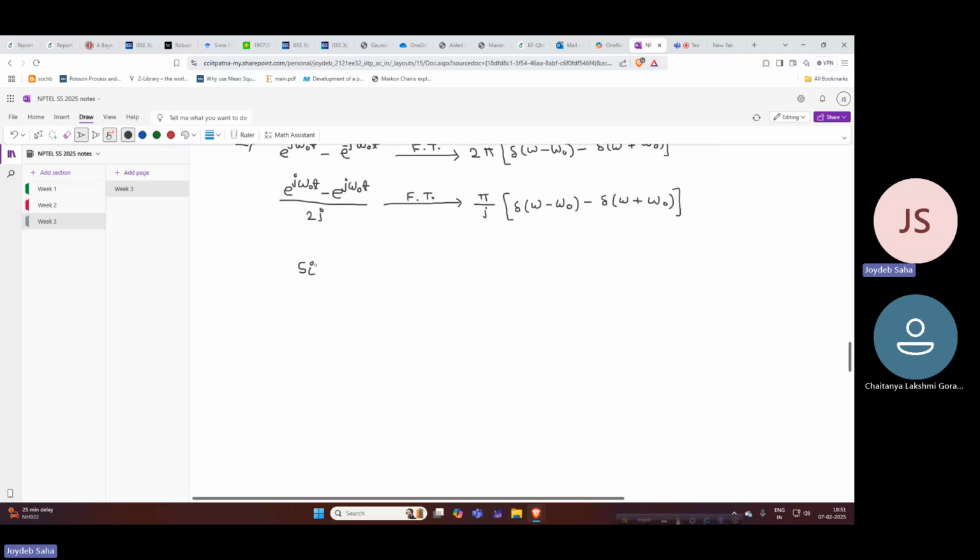So sine omega 0 t, its Fourier transform is pi by j times delta omega minus omega 0 minus delta omega plus omega 0.